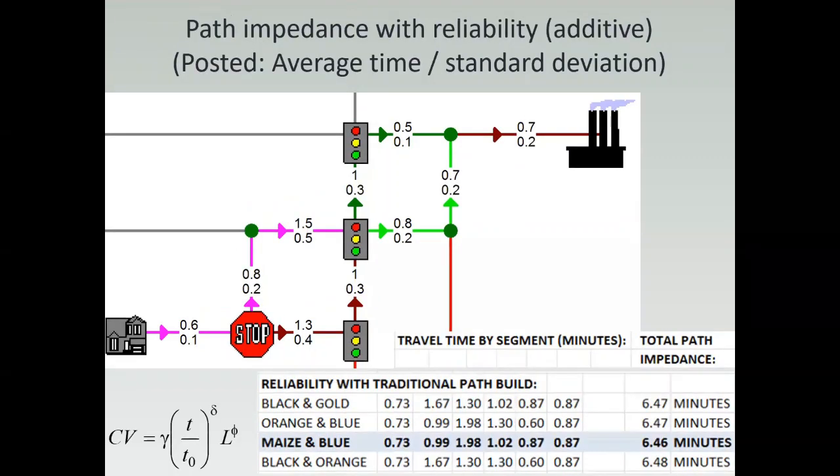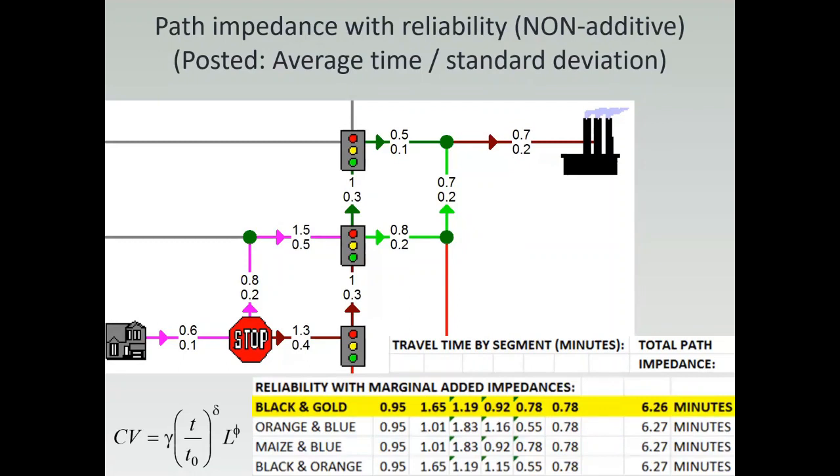Then this is the additive option under model travel paths based on reliability, where you're simply summing up the standard deviations by link. And you'll notice at the bottom, these numbers were considerably higher, but not only is the comparison different, a different travel path ends up being the shortest route.